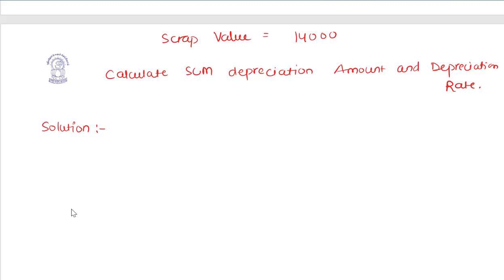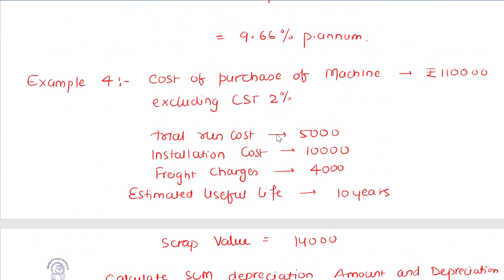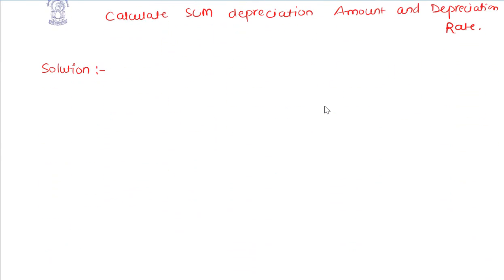Solution. See over here on the machinery, the cost of the machinery is 1,10,000, but CST has not been included. So we have to include CST into that. 1,10,000 is 100%, and we have to add 2% CST. So 102 is what?